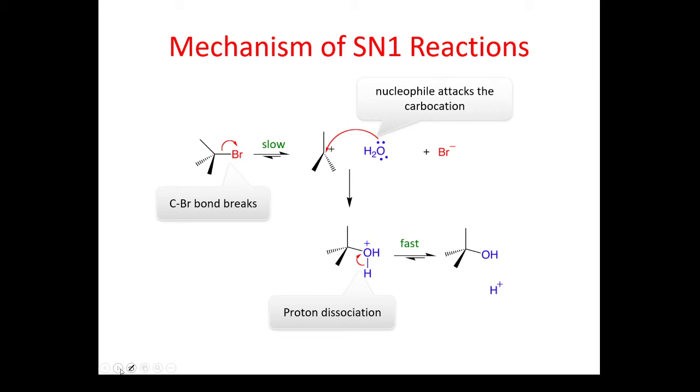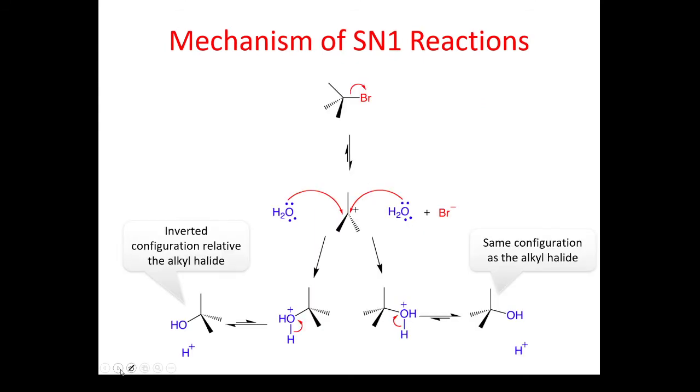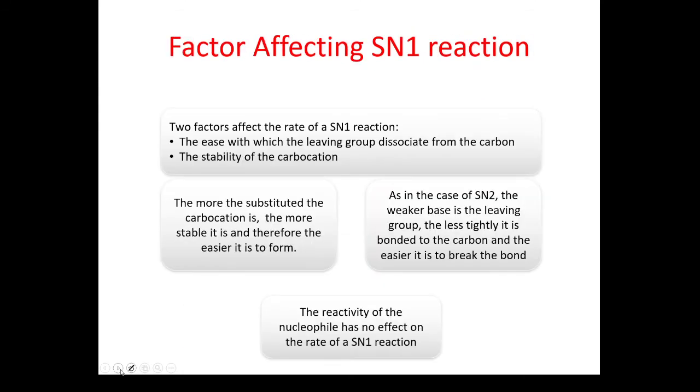If we're looking at the rates, the slow rate is getting our carbocation to form. We have a faster rate once the carbocation forms and the nucleophile is free to attack. The mechanism is there, showing what's going on.